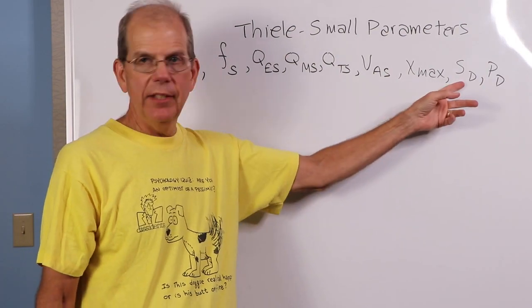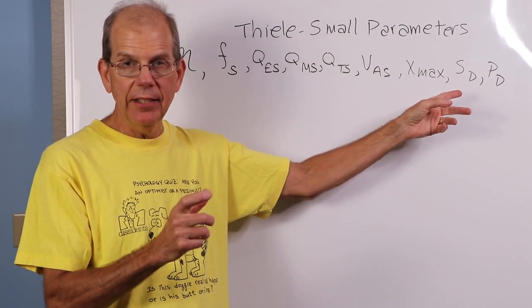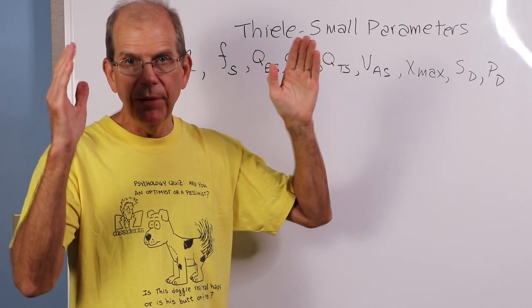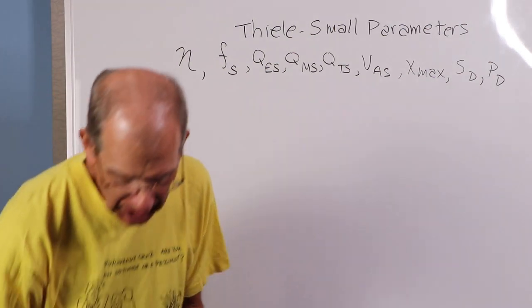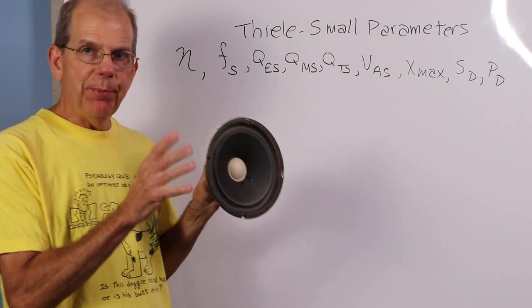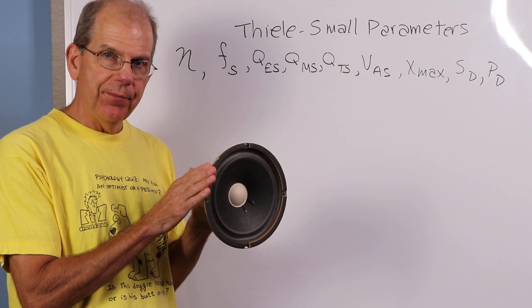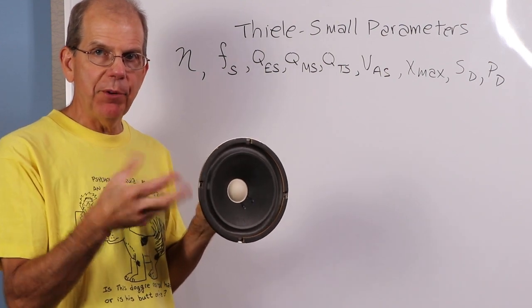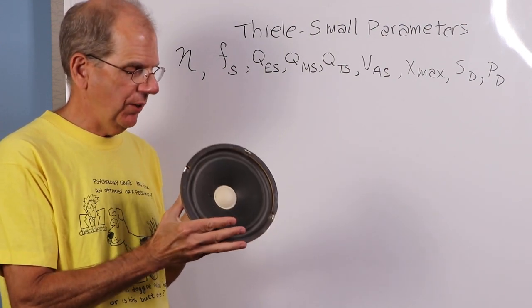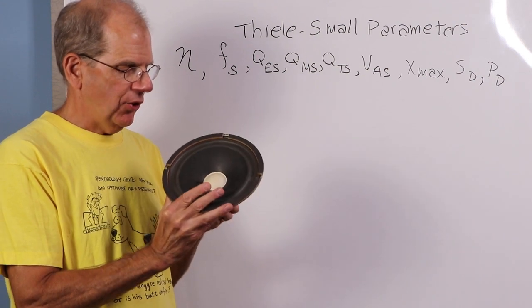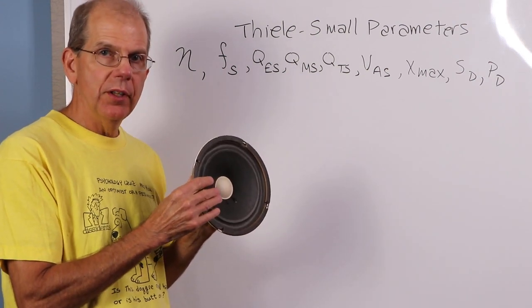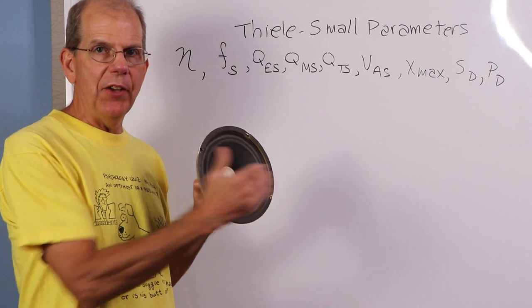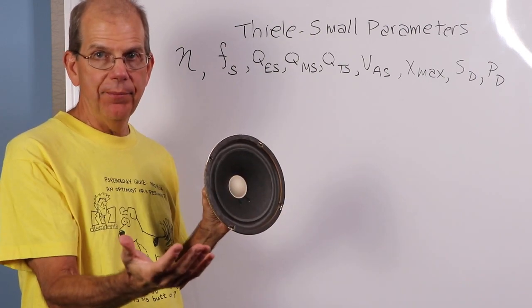X max and SD, that product is going to be a really important parameter. The SPL you get out of a loudspeaker depends on a parameter we call volume velocity, and you can visualize that in terms of this cone sweeping out a certain volume of air over time.